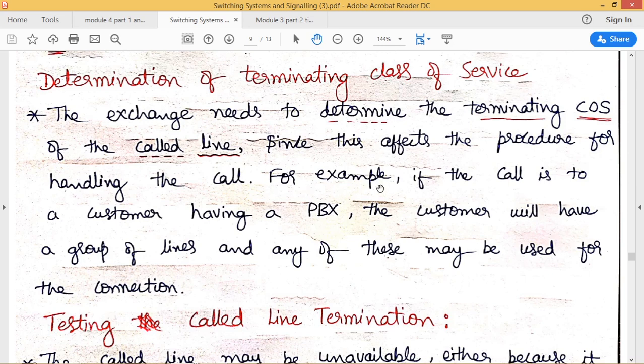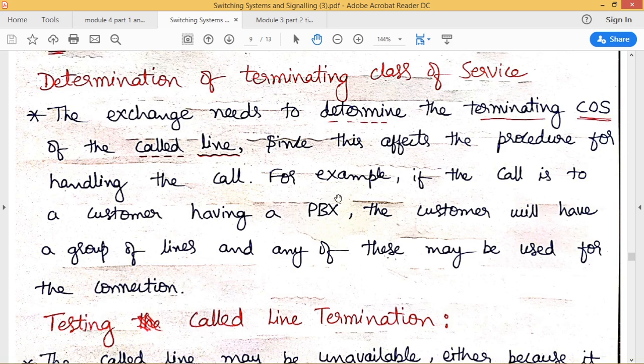Let us consider an example. If a call must be made to a customer having a private branch exchange, the customer will have a group of lines, and any of these may be used for the connection.